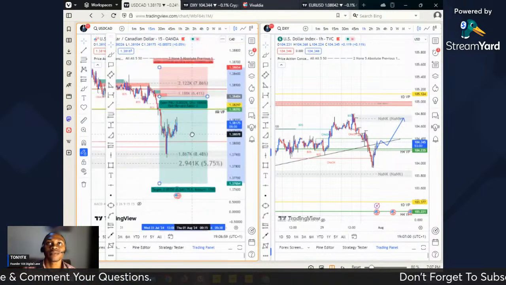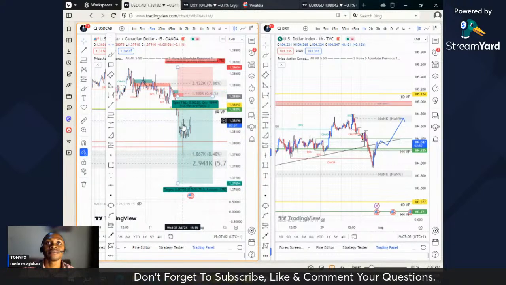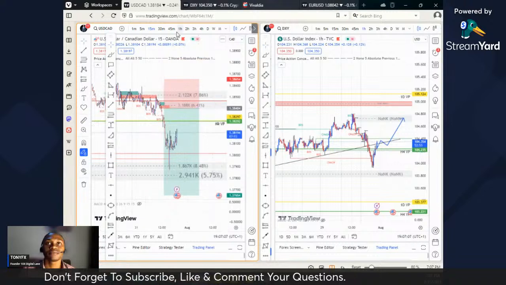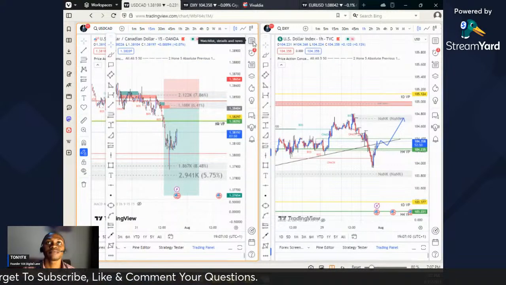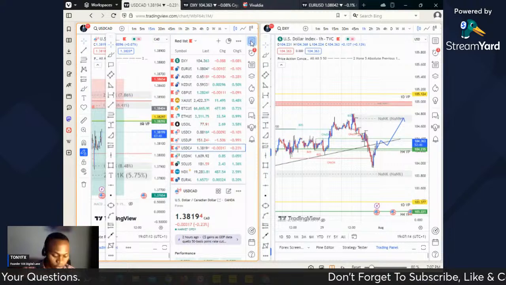I see a sell limit opportunity on USD card. But for now, I can see dollar is gaining some ground.